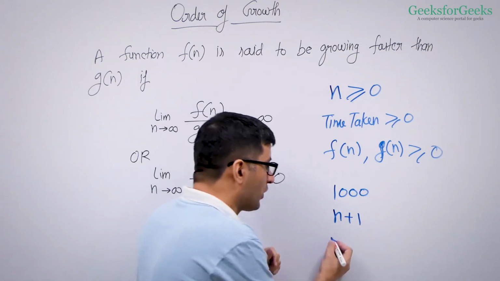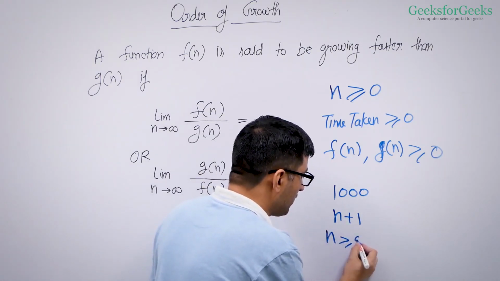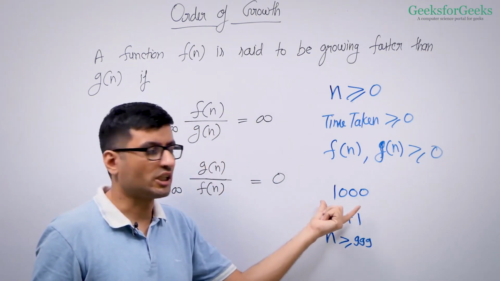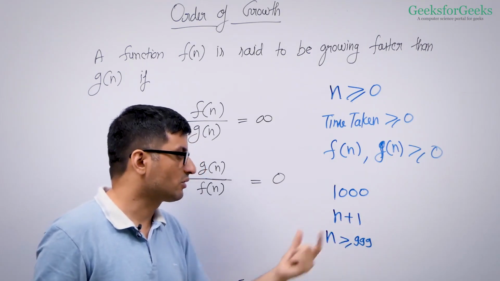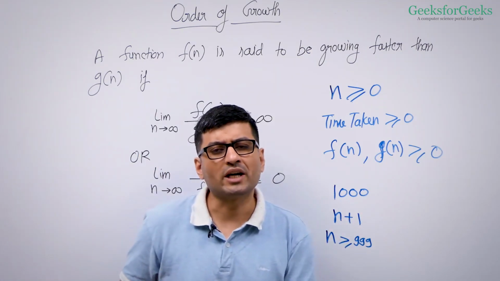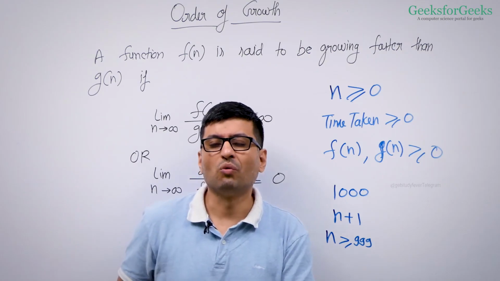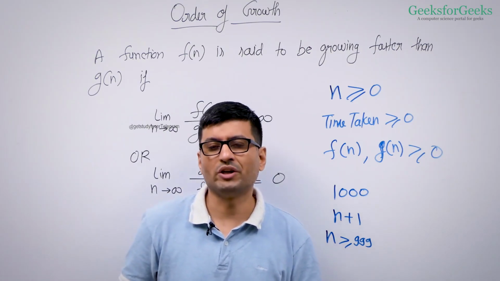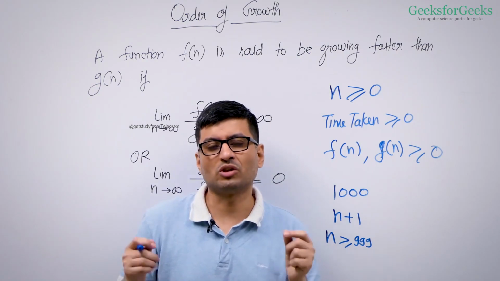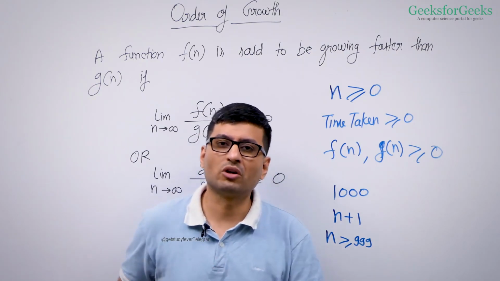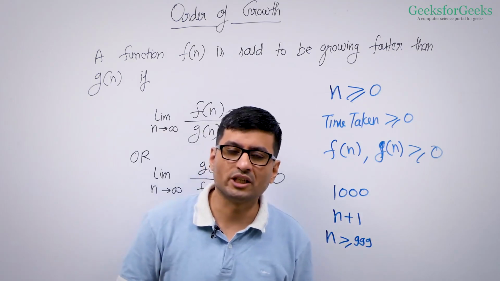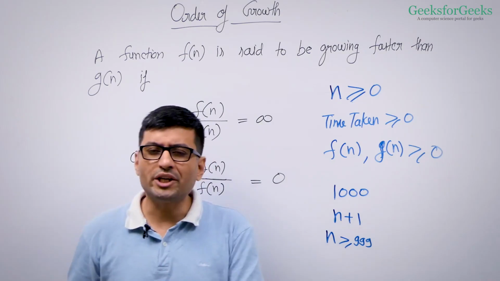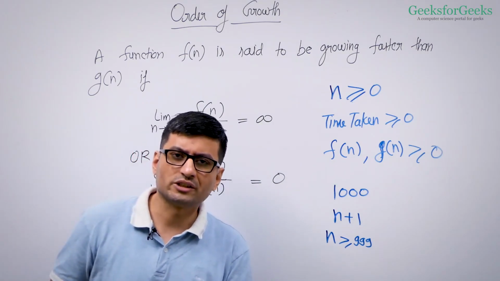We saw that only when n becomes greater than 999 does the second algorithm start taking less time. Now imagine an environment where your n never reaches more than 999. When you compare your constant program with your friend's program, suppose the input size never goes beyond 999. So that's a limitation of this order of growth analysis.